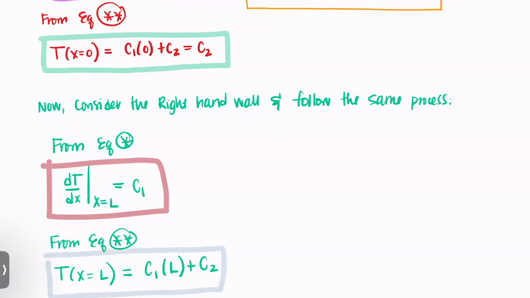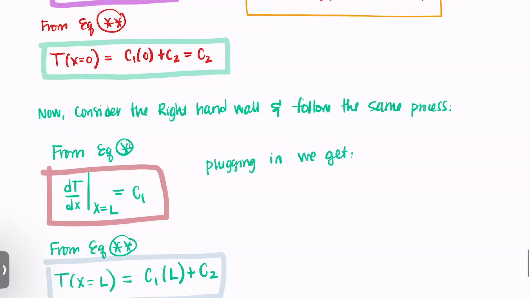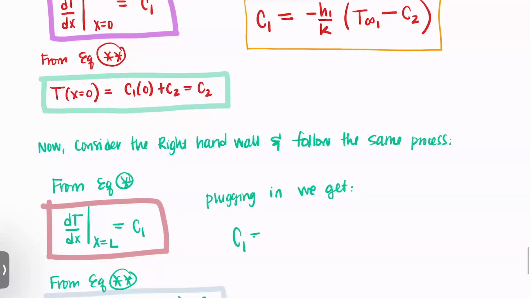We're going to plug this in, so we get C1 is equal to minus H2 over K times T infinity 2 minus C1 L plus C2.